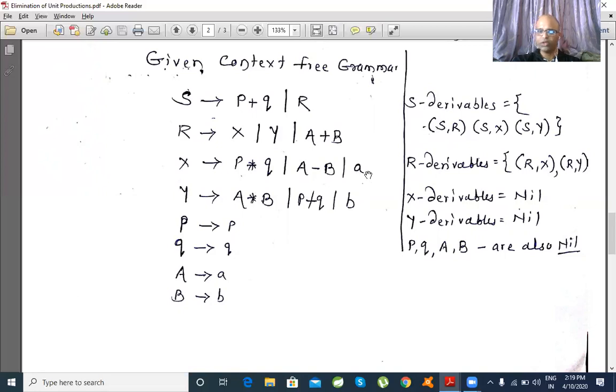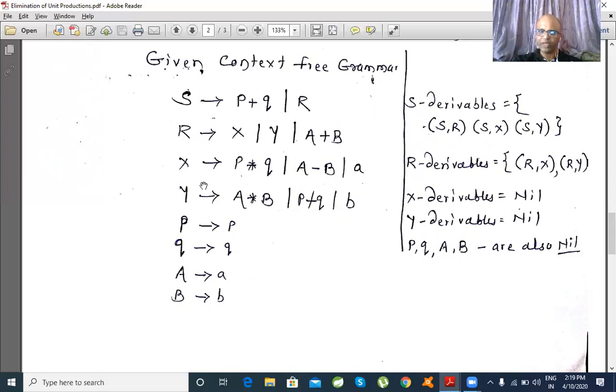In this case, I don't have any unit productions, so the process terminates here. But when you start with S producing R, there is one more unit production in terms of Y available in the context-free grammar. In that case, S and Y are not the same, so we should add Y as S derivable in this context.